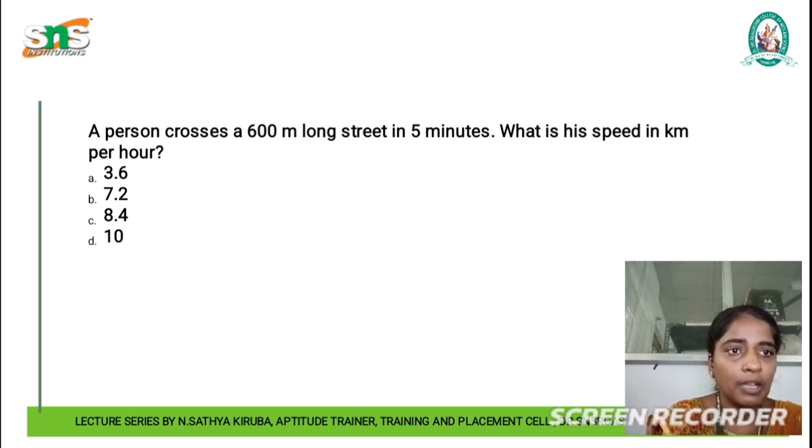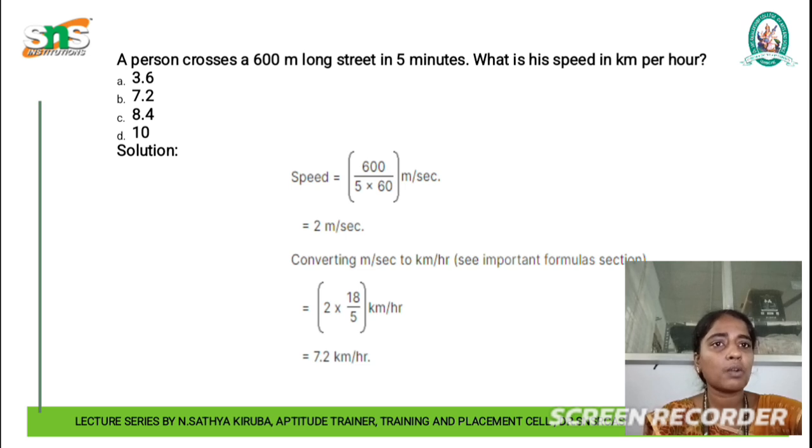Now for example, I have a problem here. A person crosses a 600 meter long street in 5 minutes. What is his speed in kilometer per hour? We know speed is equal to distance by time, 600 by 5 minutes.